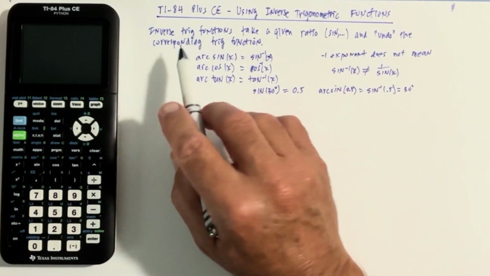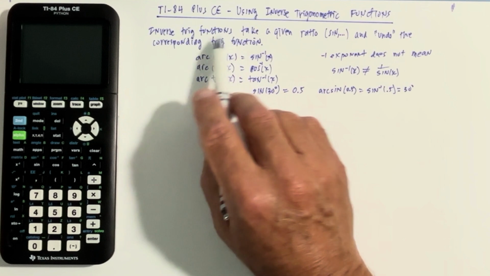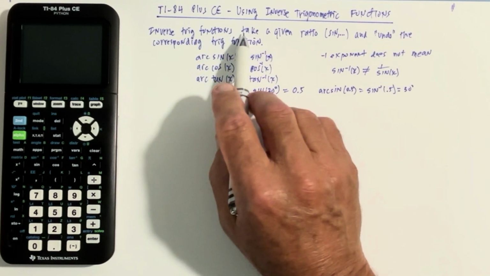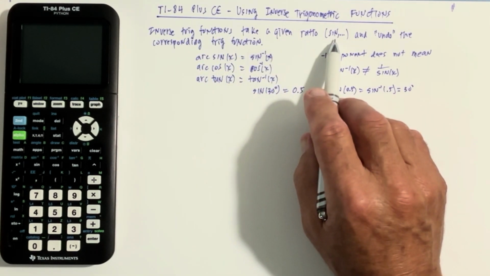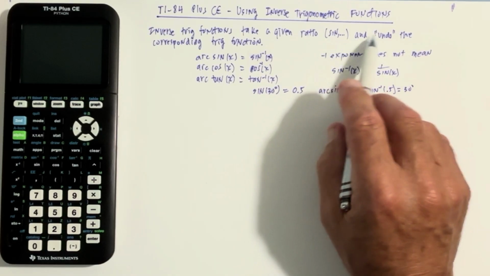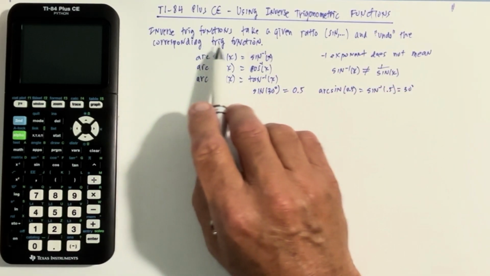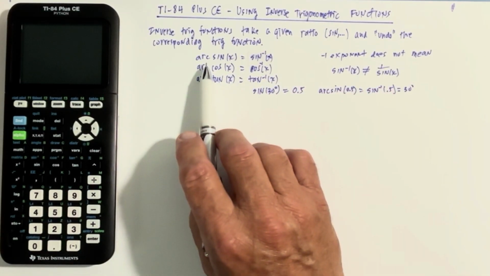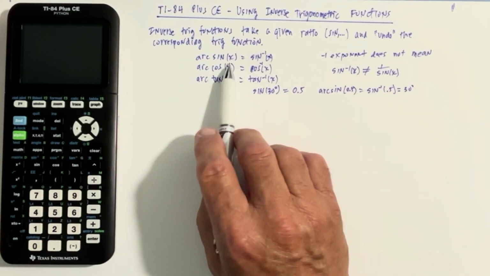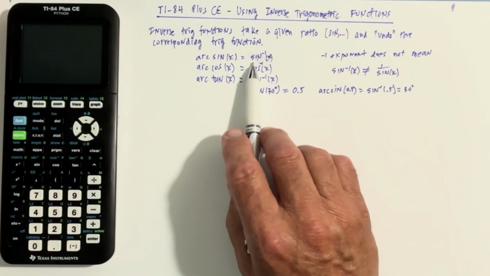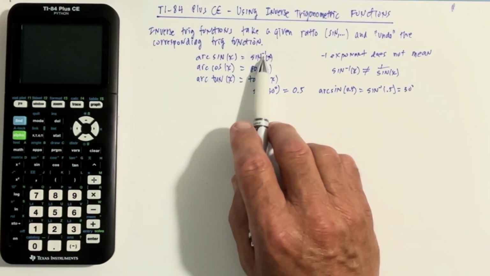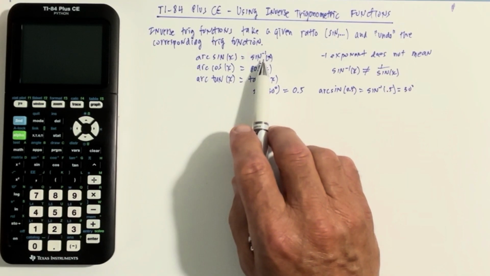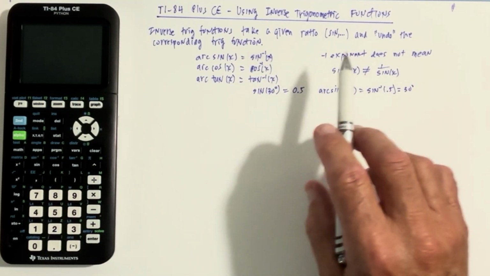Okay, so for the inverse trigonometric functions, we're just going to do a little review first. They take a given ratio, maybe a sine, cosine, or tangent, and undo the corresponding trig function. So here are your inverse trigonometric functions: the arcsine, which is also written as sine inverse. It's not really an exponent of -1. This is a point of confusion.